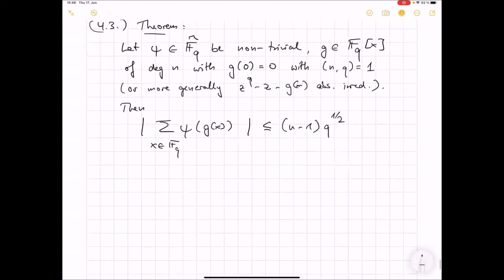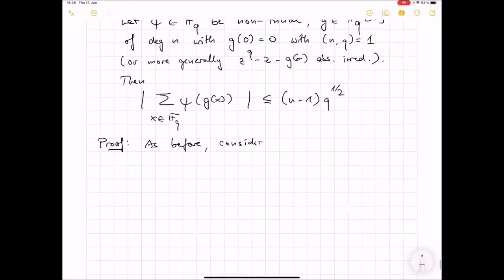Okay, the proof is essentially the same. So as before, consider all the additive characters. We consider, over a suitable extension field, for an arbitrary additive character, the sum over all x in F_q^nu of psi tilde composed with the norm of g(x).